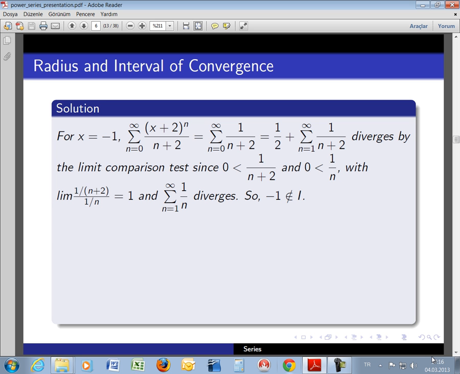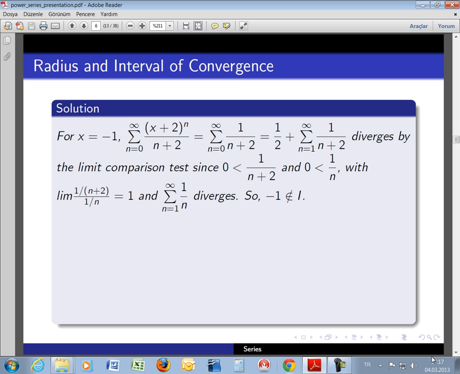But note here that this series is written as the sum of two terms, such as 1 over 2 plus the series not from 0 as the initial value of n but 1 to infinity 1 over (n plus 2), where this series sigma 1 to infinity 1 over (n plus 2) diverges by the limit comparison test, since the terms 1 over (n plus 2) are positive and 1 over n is positive.